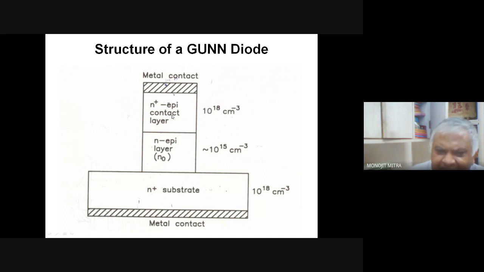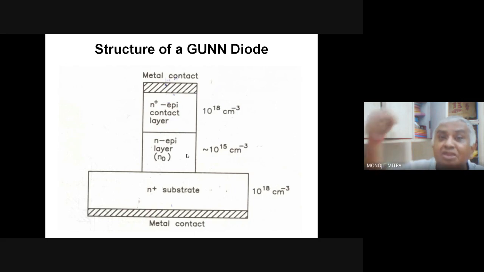But why are the N plus layers there? Because if you deposit metal directly over N, that means why the metal layers are there, I told you, in your next semester when you go through microelectronics, we'll discuss it again. To get electrical contact from the device, you have to deposit metal on the two sides of the fabricated device.